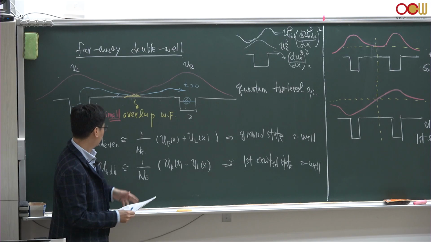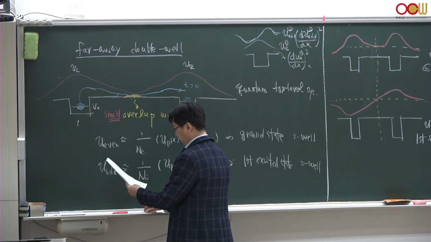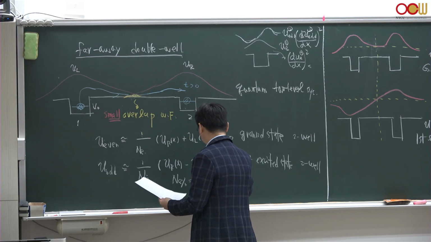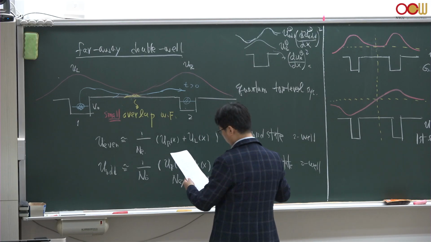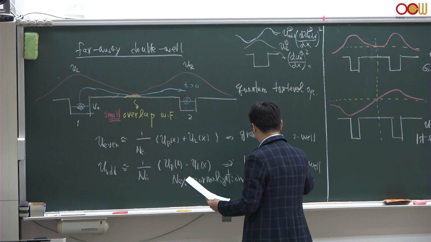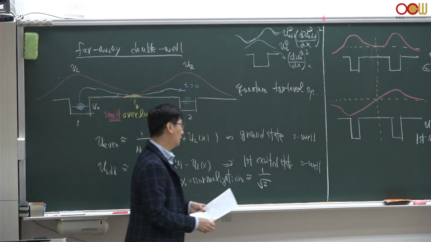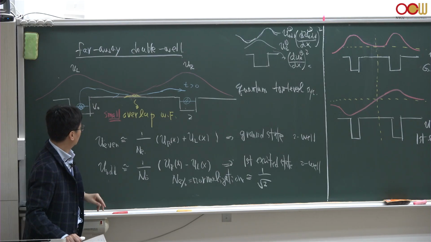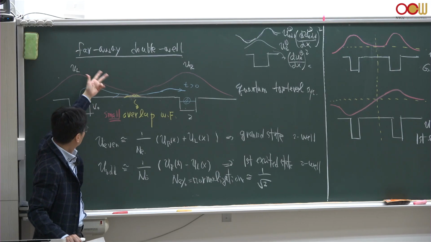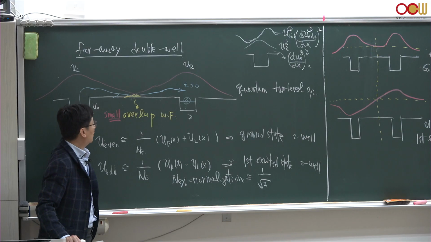And so this capital N, even and odd, is the wave function normalization factor, which is almost square root of 2 in the denominator when these two wells are really far away from each other. So this is the reason why we need to consider far away wells.